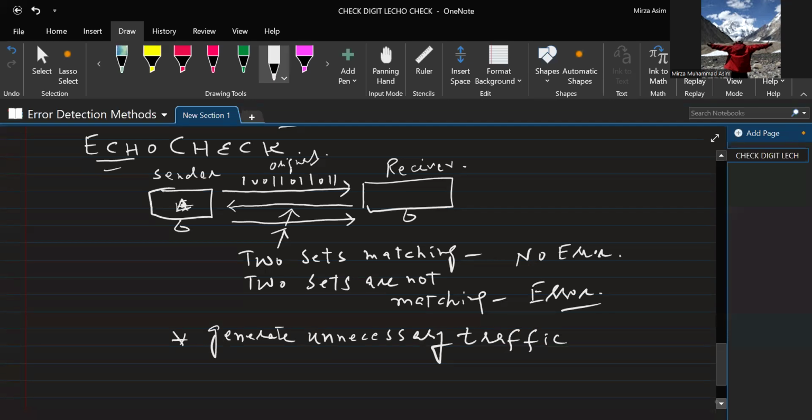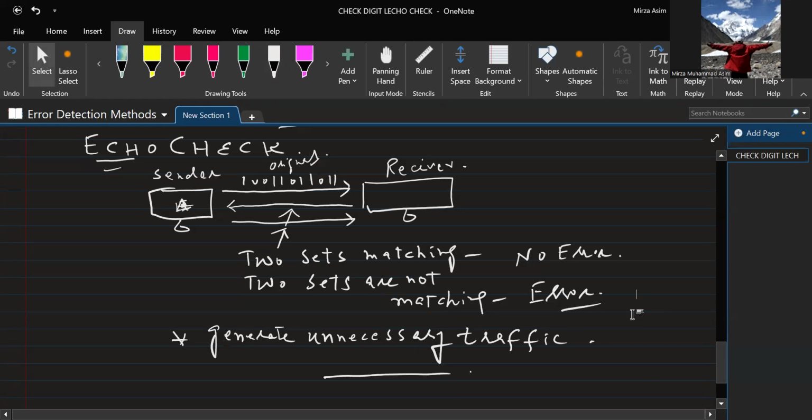Because at one time the sender is sending the data, and at the same time the receiver is sending back the same data to the sender, and if there is some error, resending is required. This process continues and generates potentially unnecessary traffic on the network, which can definitely affect your network performance, right? So that was easy.